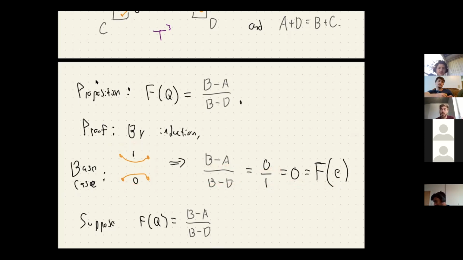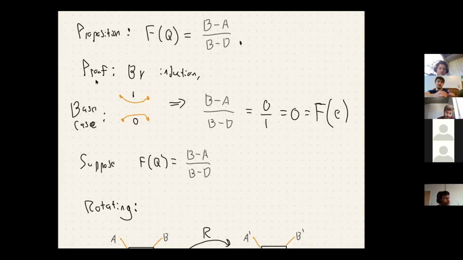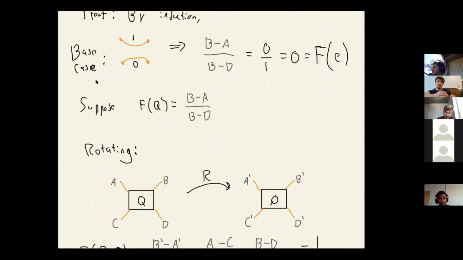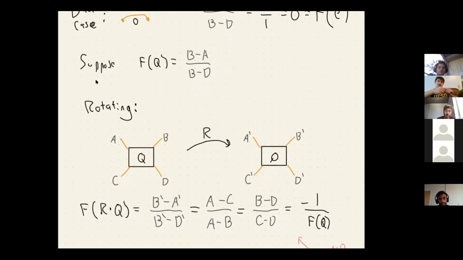Okay, cool. Now what happens if we start introducing rotations and twists? Suppose that I've got some rational tangle and its fraction is b minus a over b minus d. I want to show that this is what's going on.